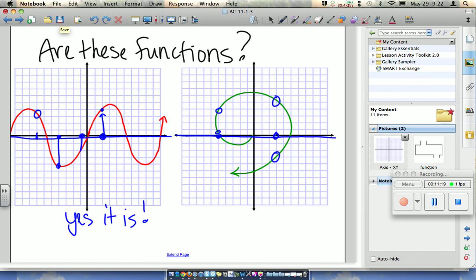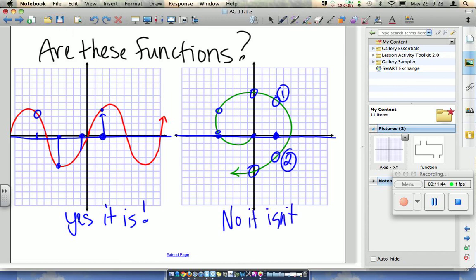I don't know which one I'm going to get. So it does not pass the rule. We should have only one output for every input. And we have 2 outputs when we plug in the number 3. So this one is not a function. When we plug in 0, we would get the value positive and then something down here. So this is not a function.